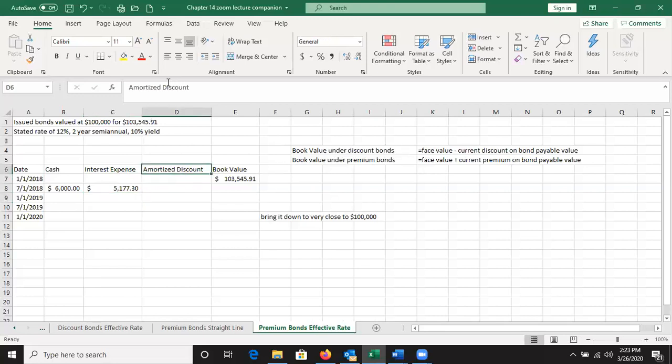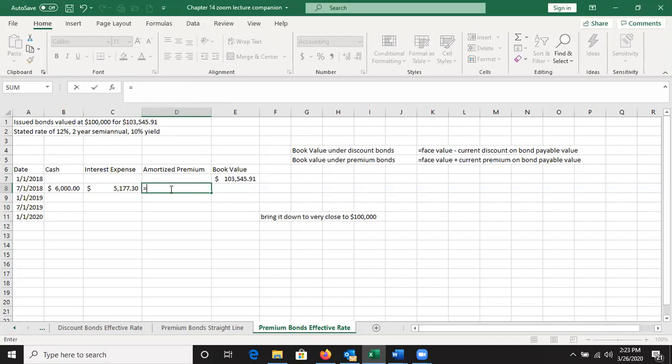Now the amortized discount is actually the amortized premium because we're dealing with premiums. Instead of interest expense minus cash, which is what it was for the discount bonds, it's cash minus interest expense.